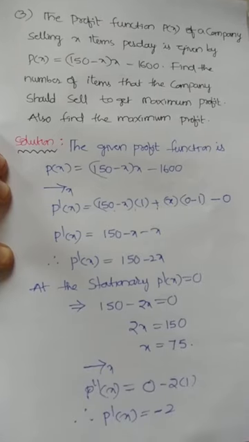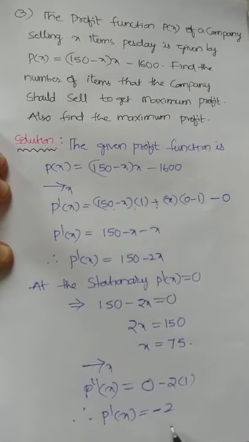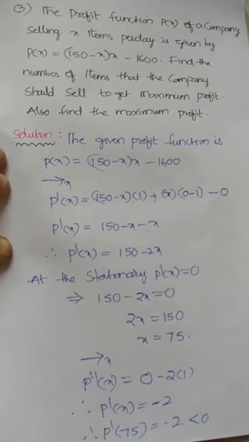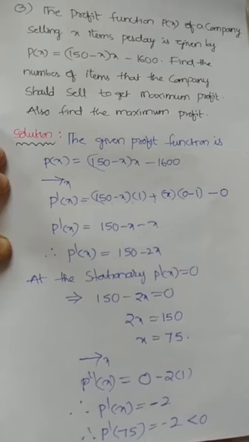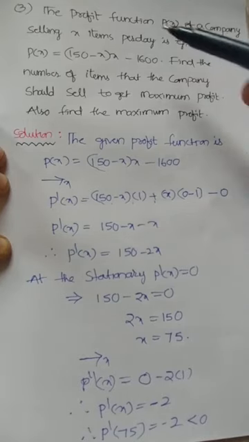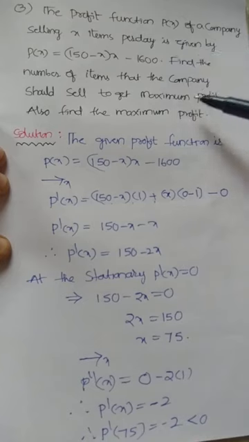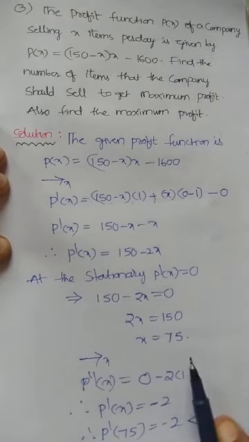It is negative for every value, so it is obviously negative at x is equal to 75. P double dash of 75 is also minus 2, which is less than 0. So whenever the second derivative is less than 0, the function attains the maximum. So the profit function attains maximum profit at x is equal to 75. That is the conclusion we can make here.